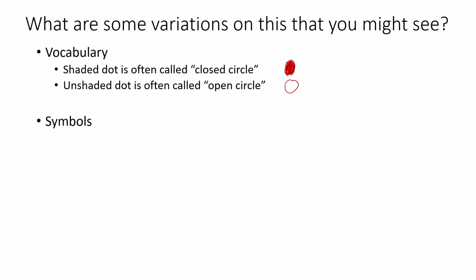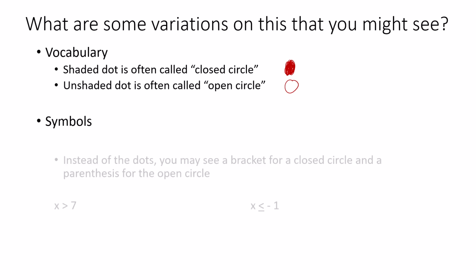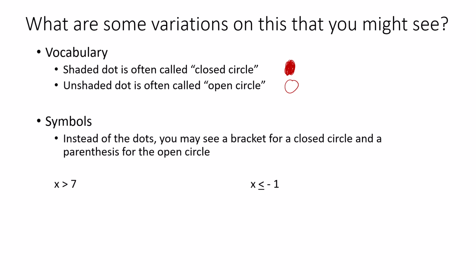Now, there are some interesting variations on the symbols that you can also see. Instead of dots, you may see a bracket for a closed circle and a parenthesis for an open circle. So I'll show you what I mean by that. In this problem here, we've got x is greater than 7. You could see this open circle with the shading to the right.